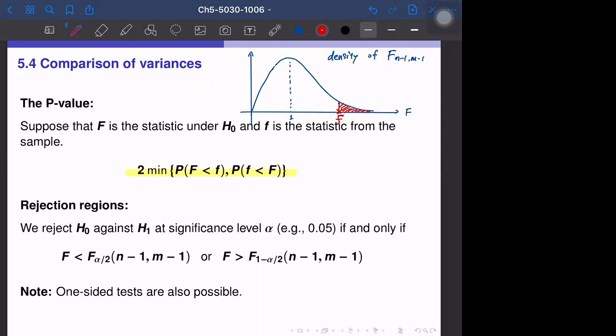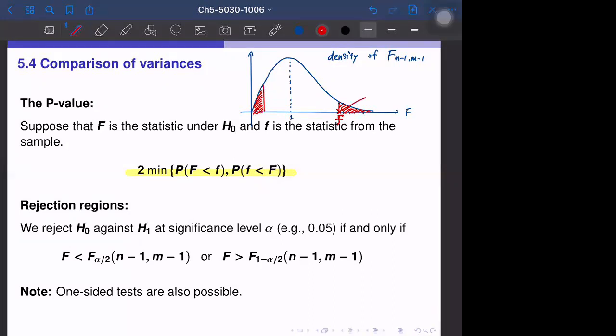So basically, this is an asymmetric distribution, so we cannot just double one side naively. Hypothetically, how extreme is this statistic? A more extreme situation than this small f happens only when the F statistic falls in this range or this range.